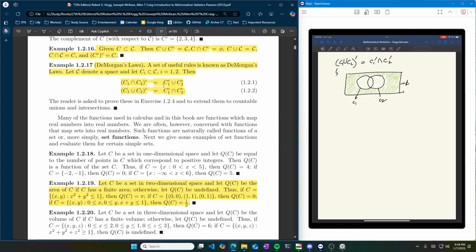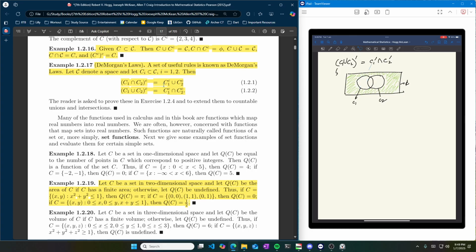And C1 complement is what? C1 complement is this whole space, right? Similarly, C2 complement would be what? C2 complement would be this whole space. Now notice we have to take the intersection of both of them, and this space is not covered by C1 complement, right?